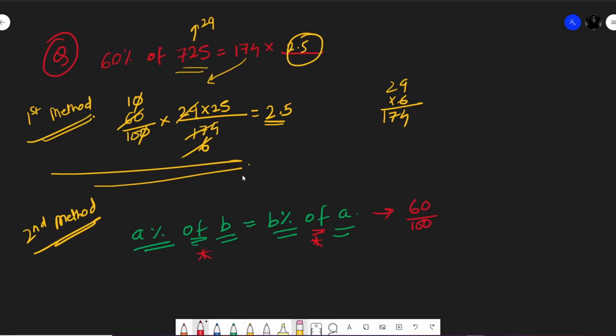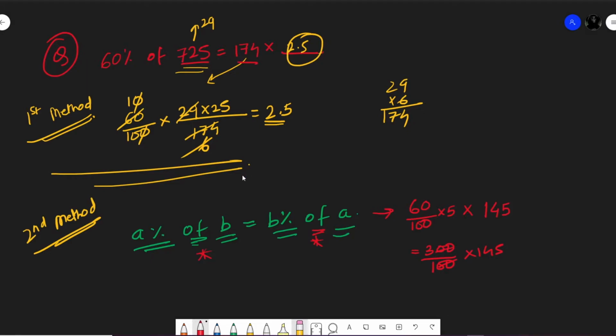So if we do this, 60 by 100, we divide this by 5, so it becomes 145, and we multiply this by 5, so it becomes 300% into 145, right?